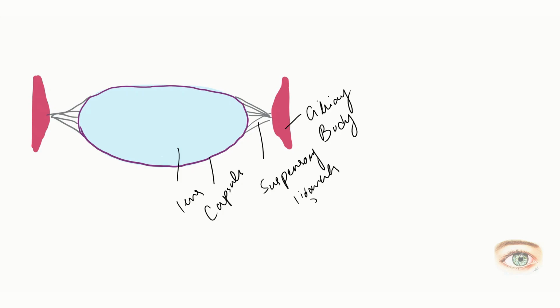So this figure shows a lens which is in its relaxed state, which means that right now it is flat. As you can see, in the relaxed state, three things are going to happen. The first is a relaxed ciliary body.